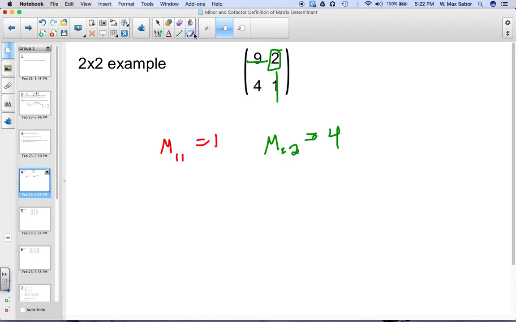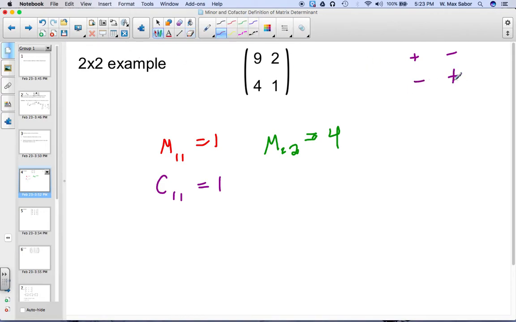Now we want to take the cofactors of these. The cofactor 1, 1 will still be 1 because with a 2 by 2 it's just going to be positive, negative.